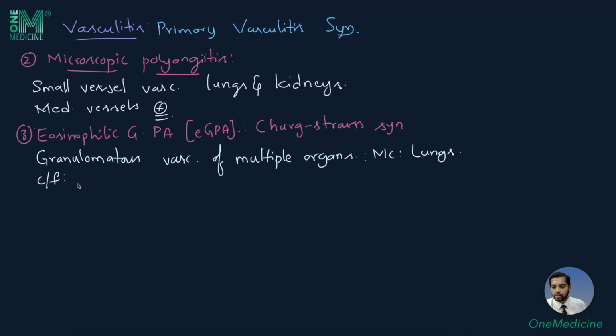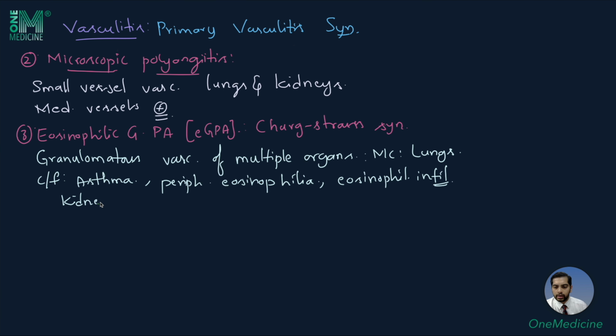Clinical features include asthma or asthma-like symptoms. Patients can also have peripheral eosinophilia. Biopsies can show eosinophilic infiltration. Kidney involvement can lead to glomerulonephritis. The most important cause of death in such patients is cardiac involvement.